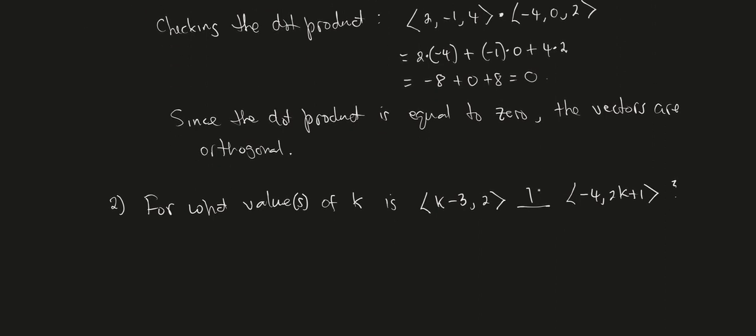So we're told that the vectors are orthogonal, and we have to figure out what k is. Well, again, let's use the dot product.